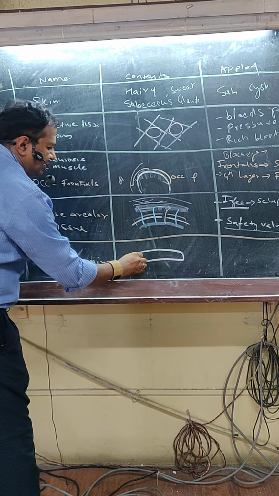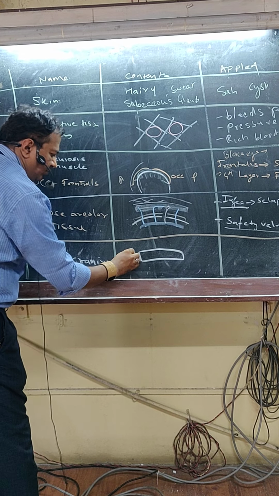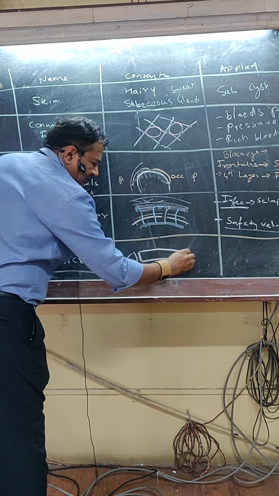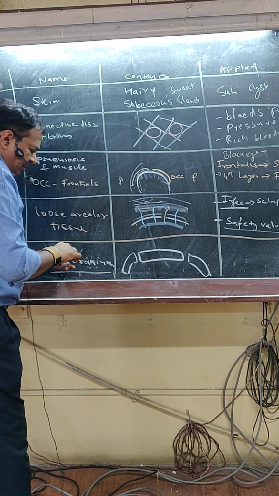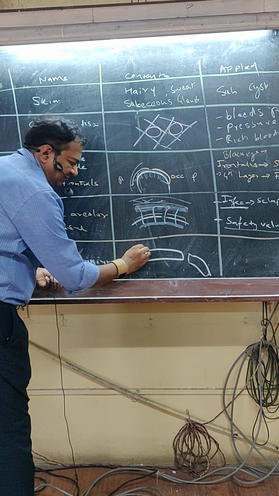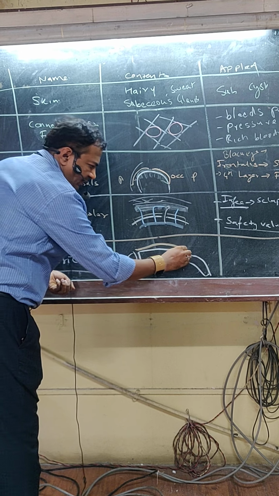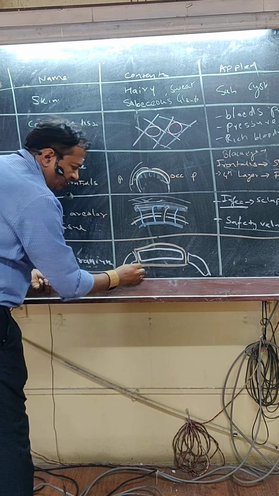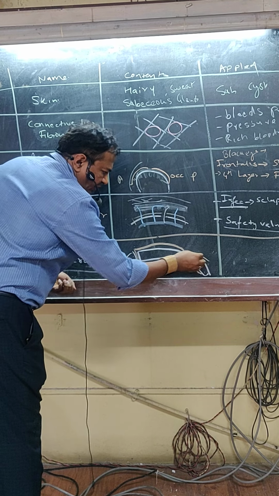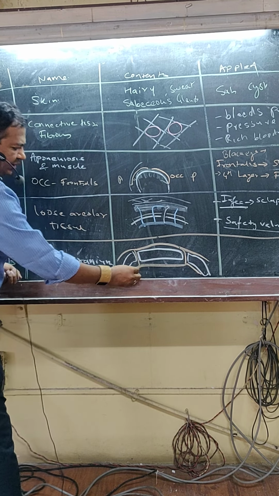This is one skull bone. This is another skull bone. Another skull bone. The pericranium is the fifth layer, which is continuous through the sutures with the endocranium.